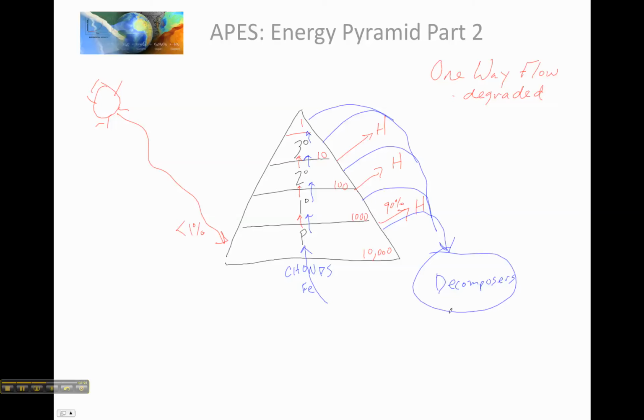And decomposers have the ability to return living molecules, or these large macromolecules, into their non-living or abiotic form. So they take living molecules or biotic and break them all down into their usable form for plants to uptake. So in terms of matter, we see a cycling of matter.